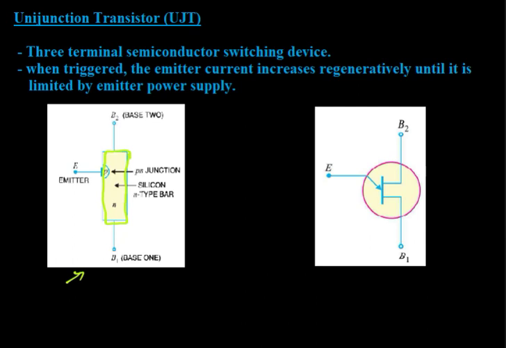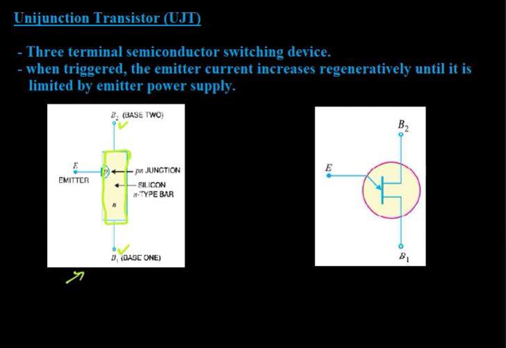These connections are called base leads. Here it is called base 1, B1, and this is base 2, B2. This is B2 and this is B1.